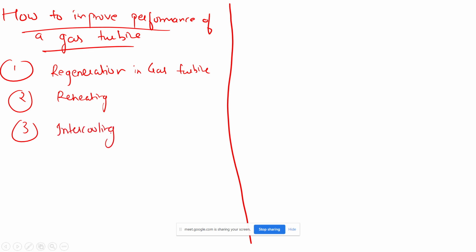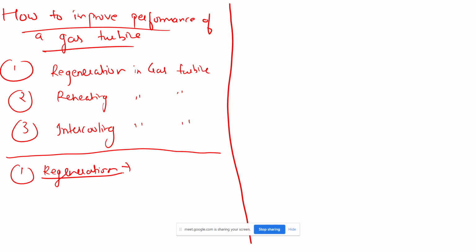By these three steps we can improve the performance of the existing gas turbine. We'll discuss one by one, and then we'll solve one big problem, like a conventional type of problem, from which you can get all three processes in the same problem. So first we will start discussing with regeneration.